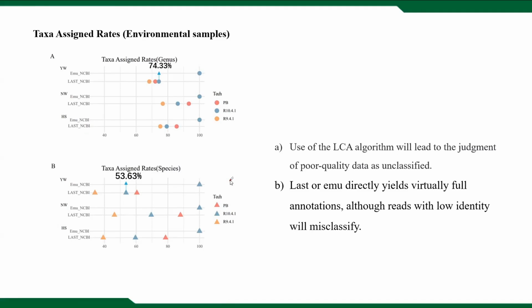As with mock, emu successfully assigned all reads to species and genus level. Also, the rate of assigned reads by emu was greater than that of LAST. The number of annotated species and genus was fewer. Using the LCA algorithm will lead to the judgment of poor quality data as unclassified.